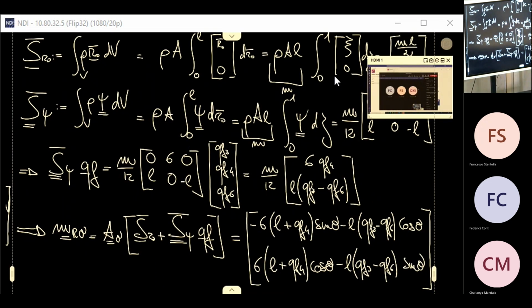And as you can see, here we have a linear dependence in the QF, so in the elastic coordinates, and a nonlinear dependence with respect to the rotation coordinates. So let's write it down. So linear in the QF, sorry, let's write it here like so.